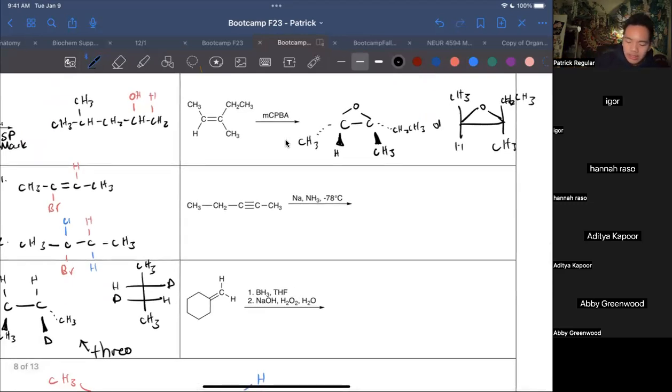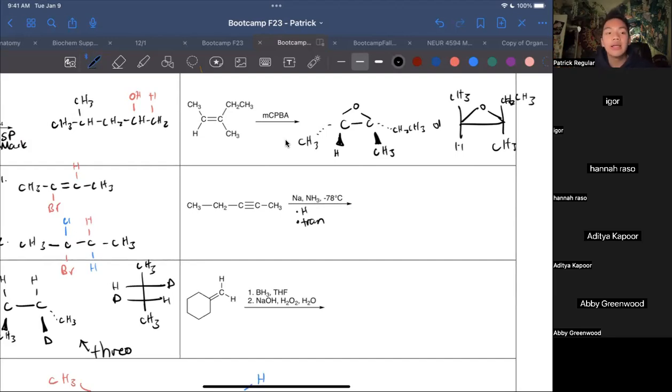All right. This is going to be hydrogenation. This is going to be trans. Not syn, trans. You know that the double bond you make is going to be trans because this is solvating it with sodium, or you can use lithium with ammonia at a very cold temperature. All right.